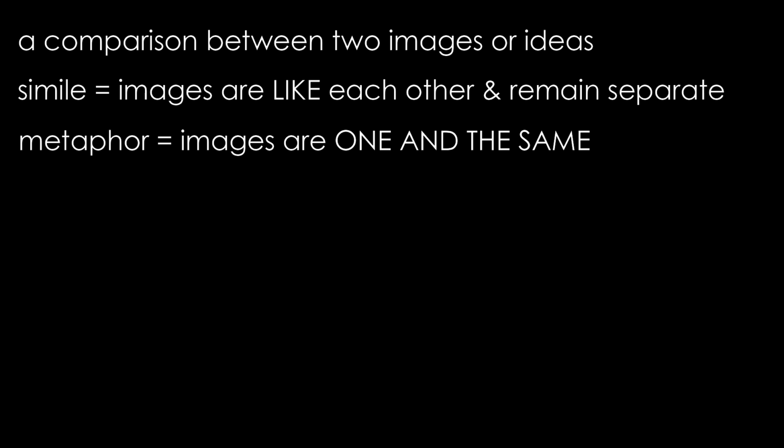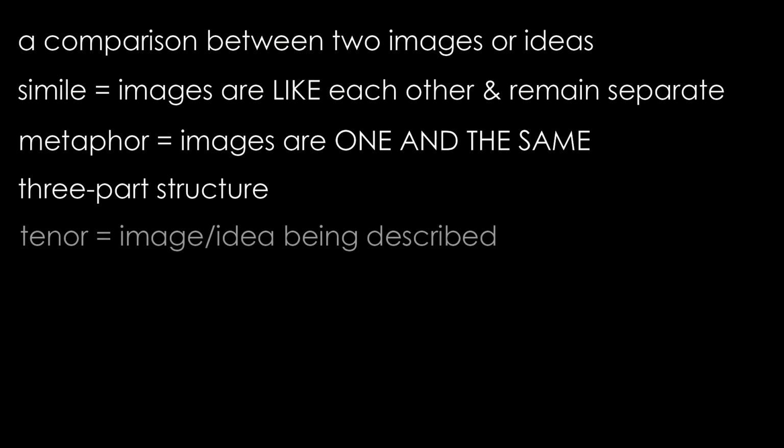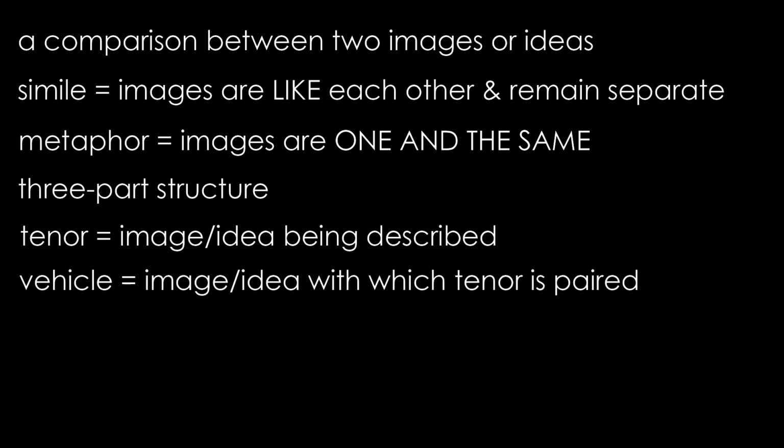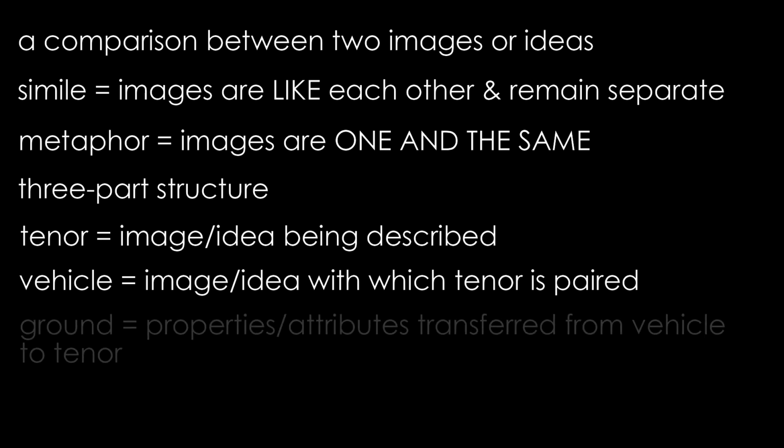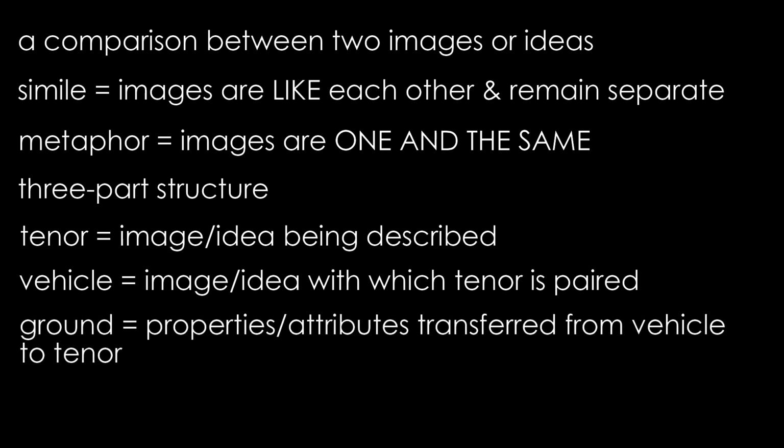Simile and metaphor have a three-part structure: the tenor, the vehicle, and the ground. The tenor is the image or idea being described. The vehicle is the image or idea with which the tenor is paired. The ground constitutes the properties or attributes that the writer transfers from the vehicle to the tenor.